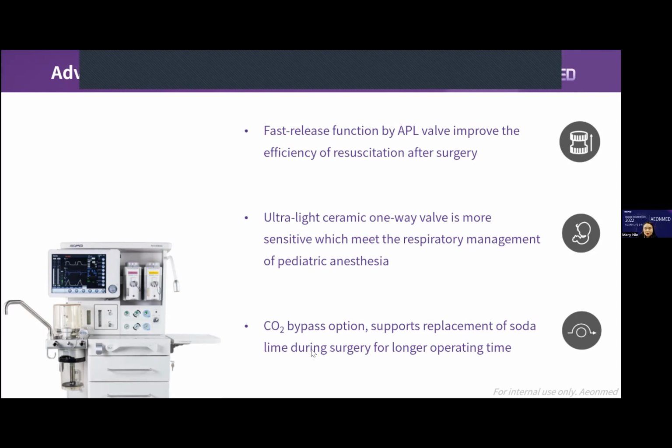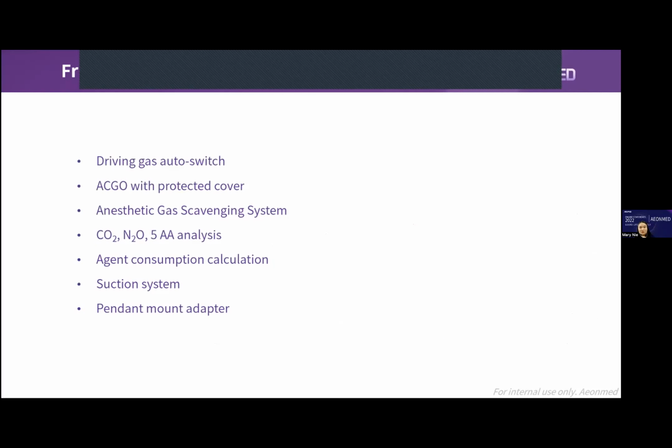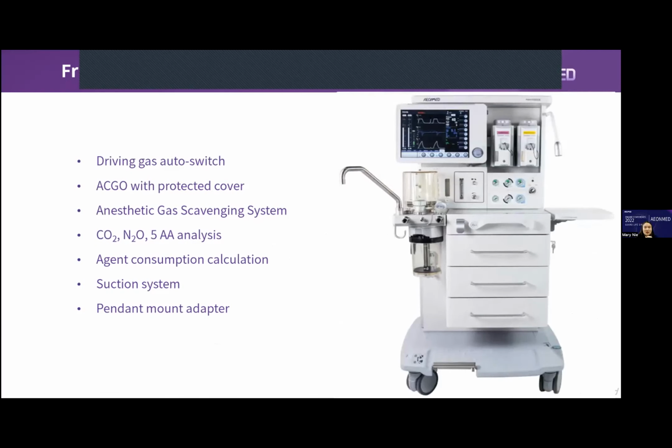And our CO2 bypass helps us during the surgery so that we don't have to worry about any interruption if I want to change the soda lime. Also our EN 8800A and Fisher workstation will have a driving gas auto switch.